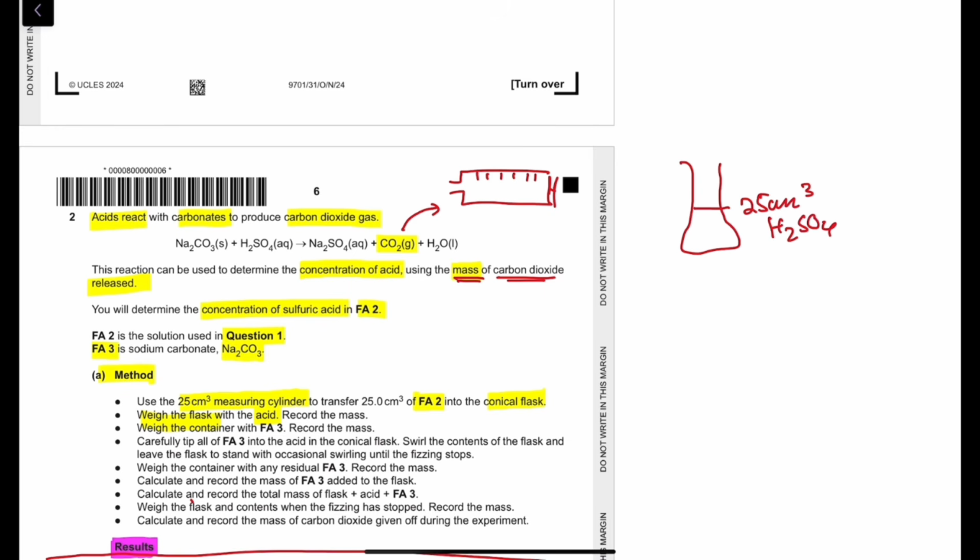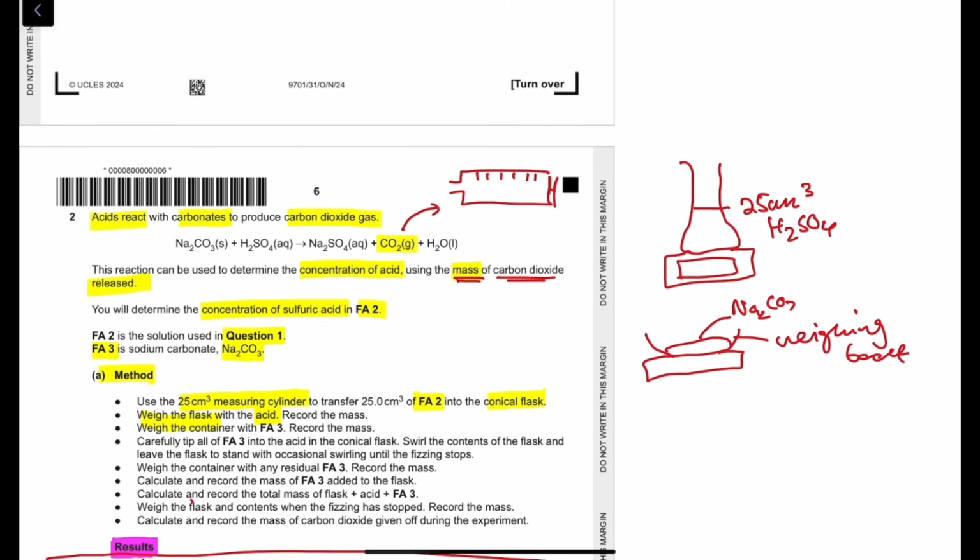We weigh its mass, so let's say we weigh our mass, usually to 2 decimal places. And then we take a container containing the sodium carbonate and we record its mass. So usually we'd use a weighing boat, and this would be our sodium carbonate.